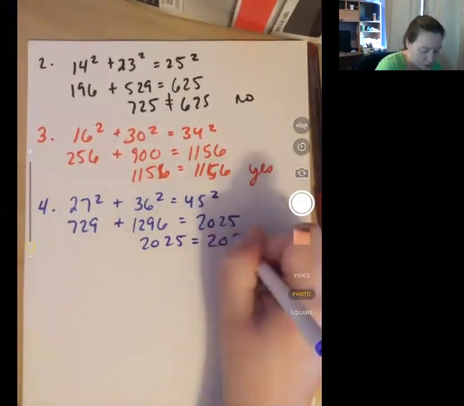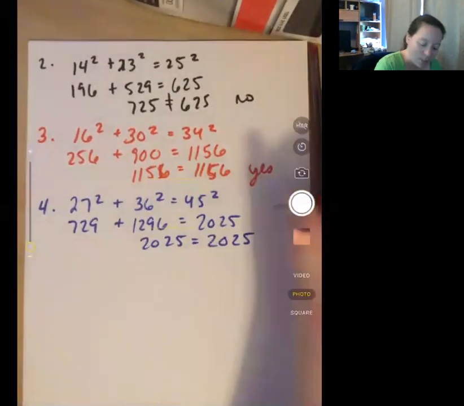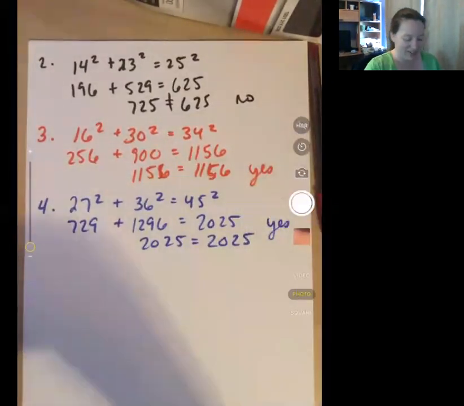Is 2,025 equal to 2,025? Why, yes, it is. So we get to put down, yes, it is a right triangle.